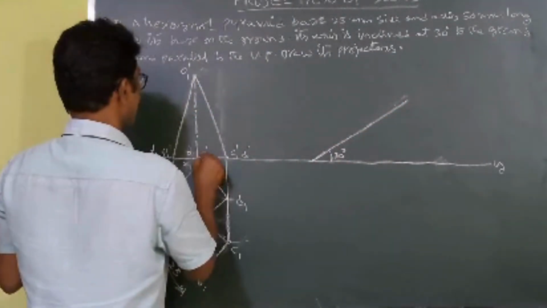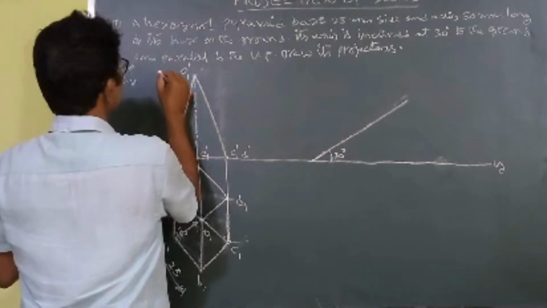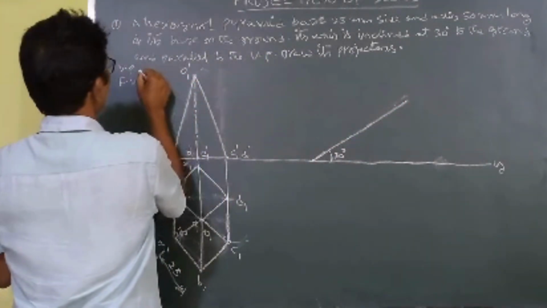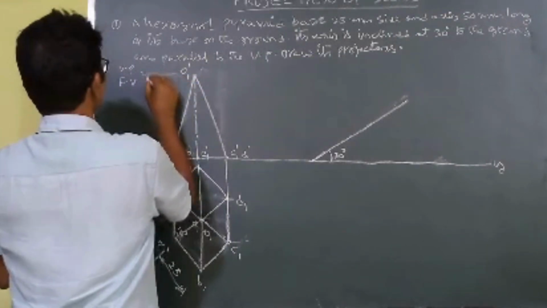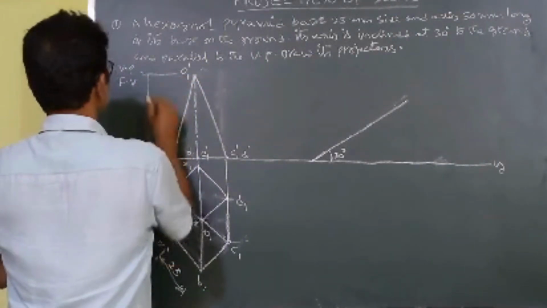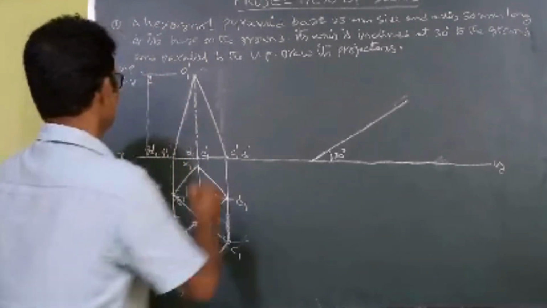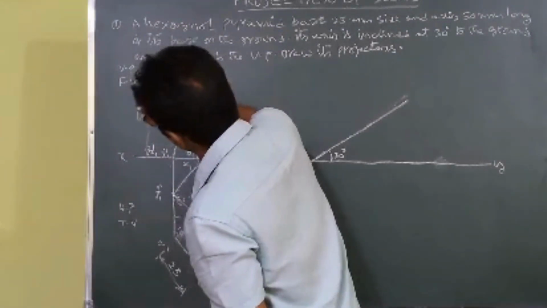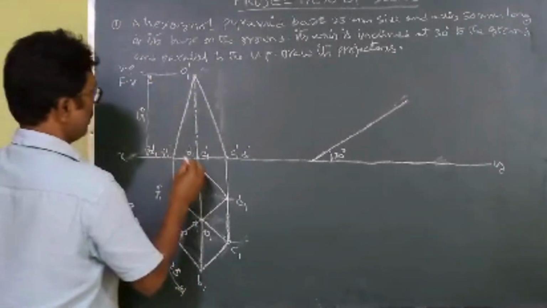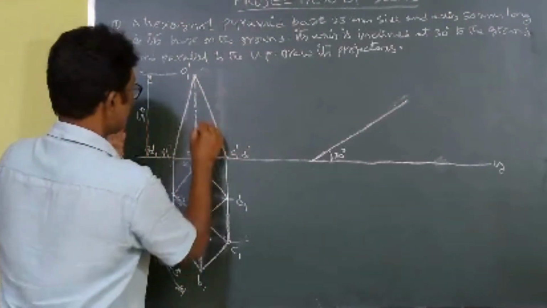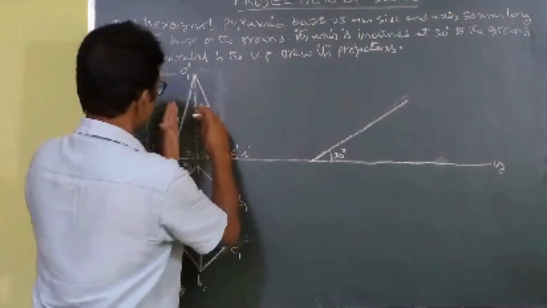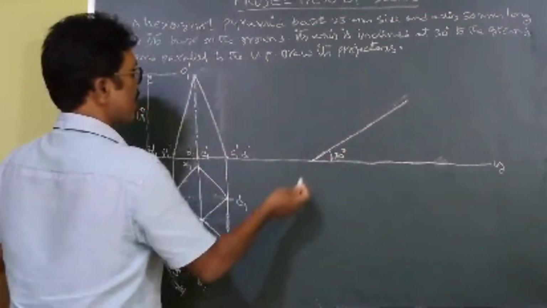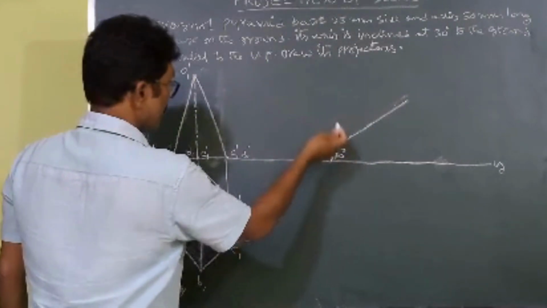You know that this is the length, equal to this length. We know that the length is 50. So therefore this axis is making 30 degrees such that this front view is tilted, because that is making 30 degrees with HP.